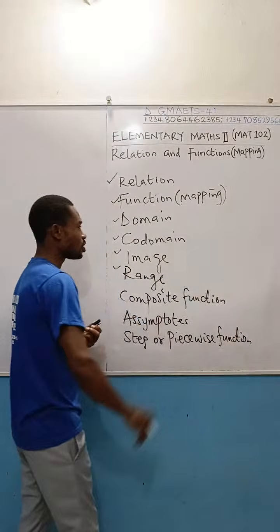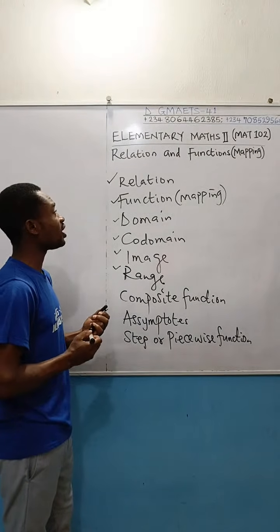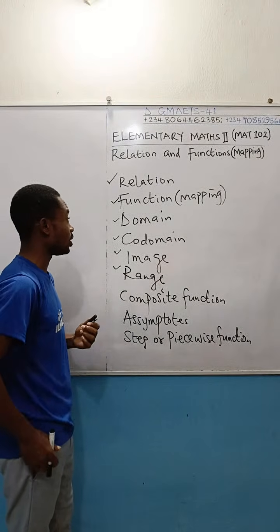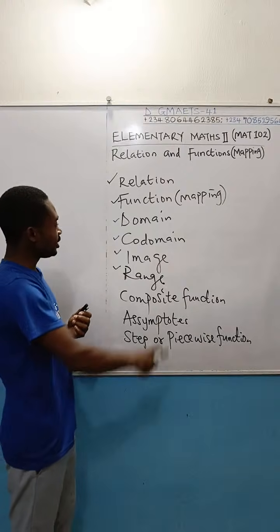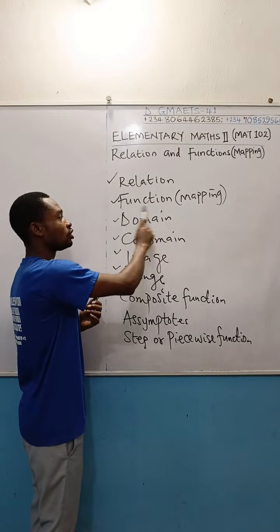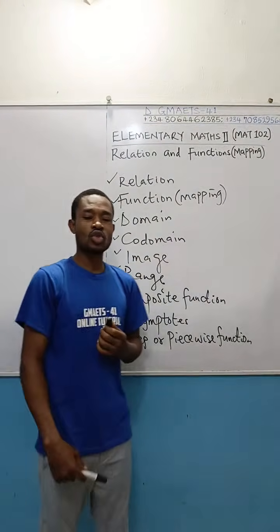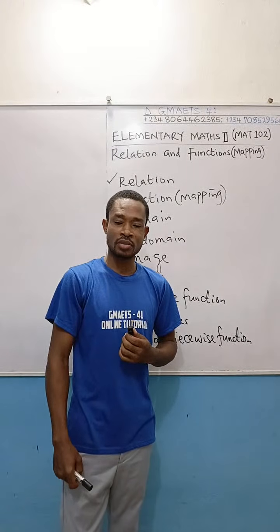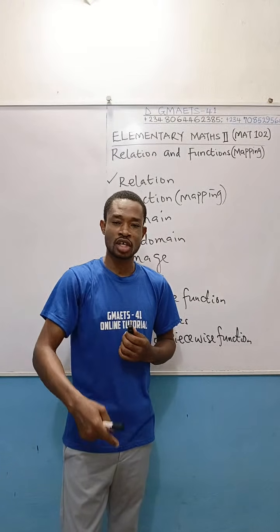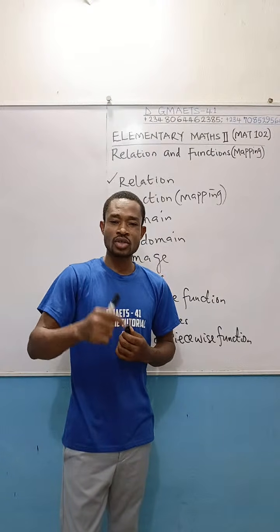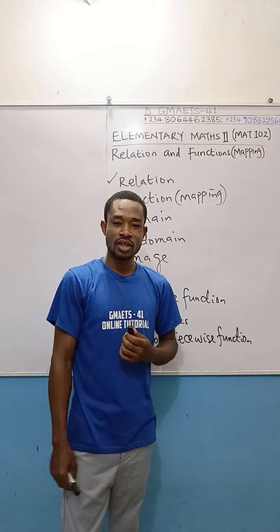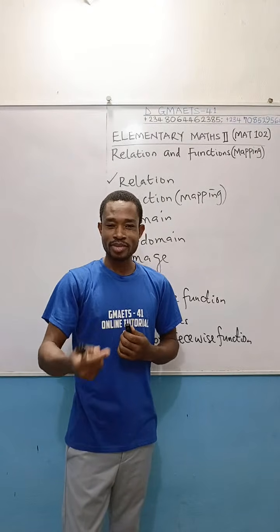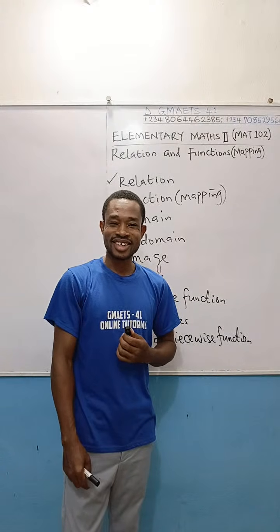So by the time you're done with all of this, you've covered this topic, the things you're meant to know. Of course, within this concept of function, we are going to be talking about the one-to-one type of function, the onto function, and the one-to-one and onto function. That is where you talk about invertible, right? And the rest of them.